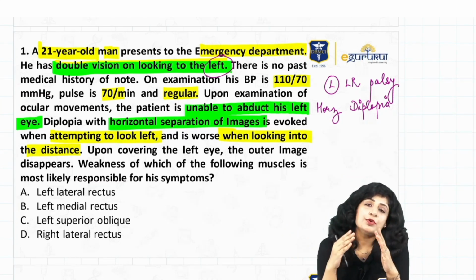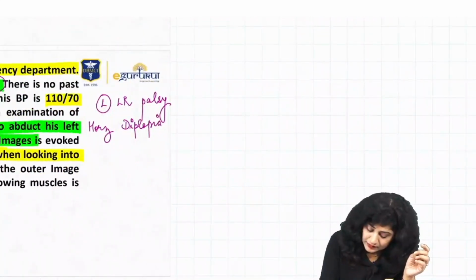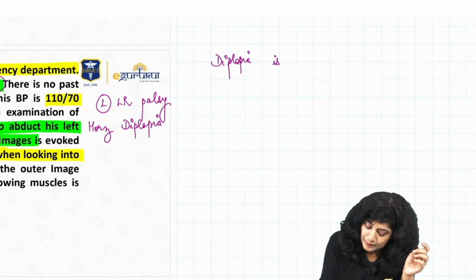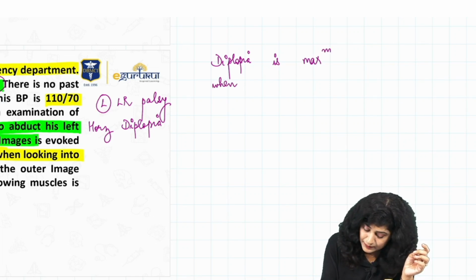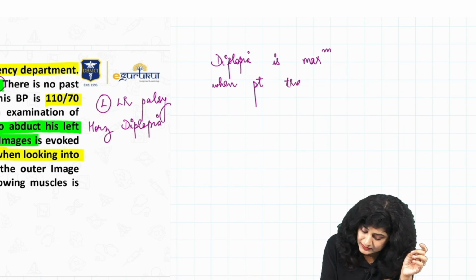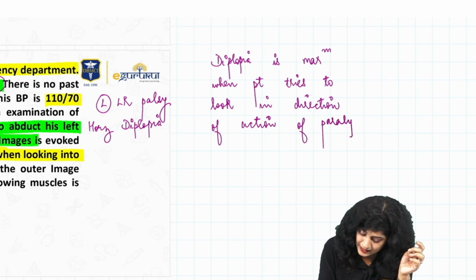And I think we all know a very common thing, that diplopia is maximum when the patient tries to look in the direction of action of the paralyzed muscle.